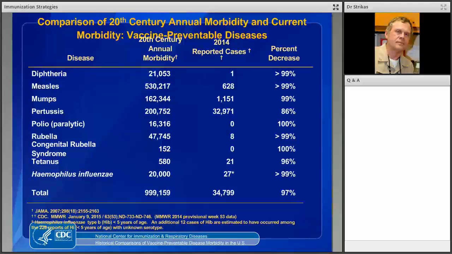The table that's in your Pink Book Safety chapter has slightly different numbers because the current years are 2006 instead of 2014, and also the comparison morbidity data from the 20th century is not an average over that period of time, but reflects data from a specific point prior to 2007. The important point, though, is that the right-hand column marks these data as a success story for vaccines with 96% or greater reduction in all of these diseases, except pertussis, which has dropped by 86%.